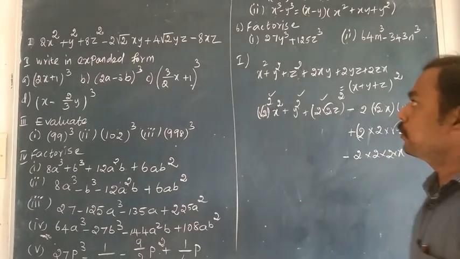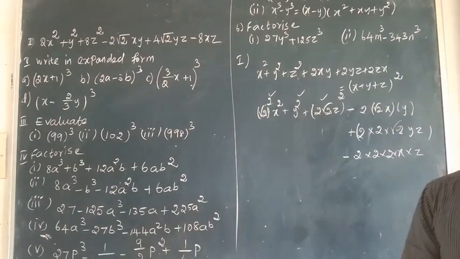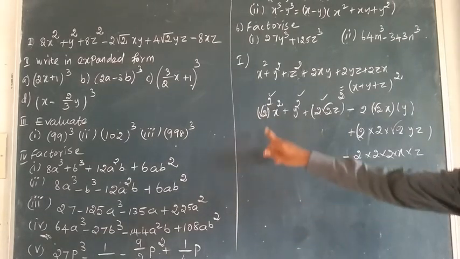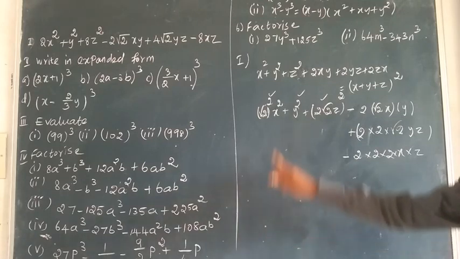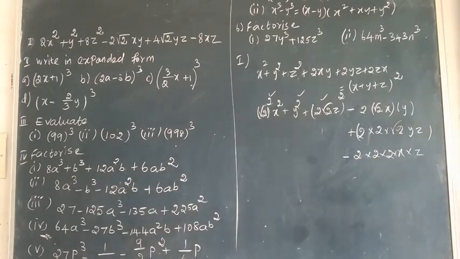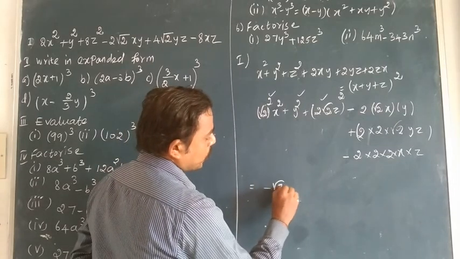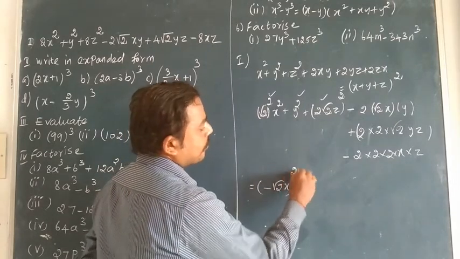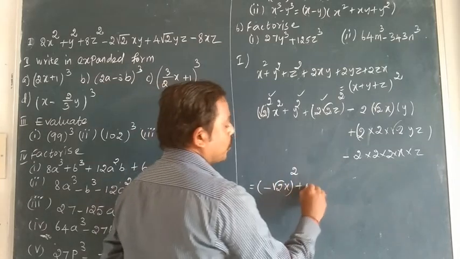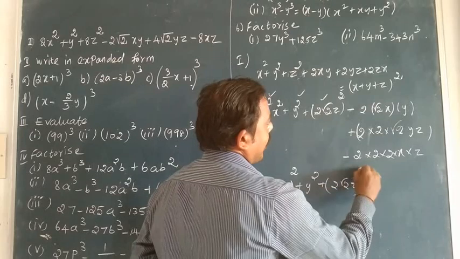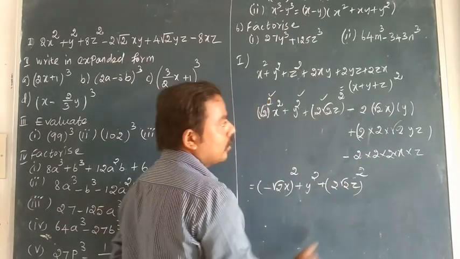Now we need to decide which one is a, which one is b and which one is c. For that, I am going to choose the negative sign for the first one. So that is why I am going to write this one as minus root 2 into x the whole square, plus y square, plus 2 root 2 z the whole square. Put the negative sign inside here also.